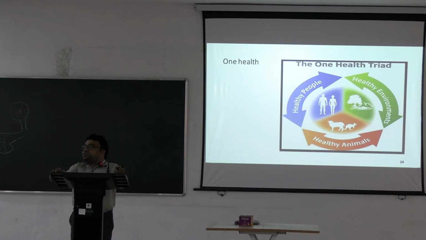Now, human population is growing day by day, so the need for food is also growing. And to satisfy the demand of human hunger, animal food is being produced on an industrial basis.